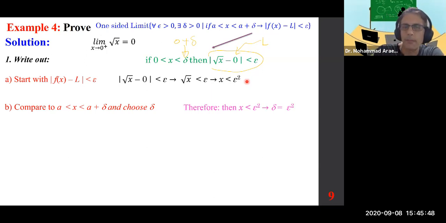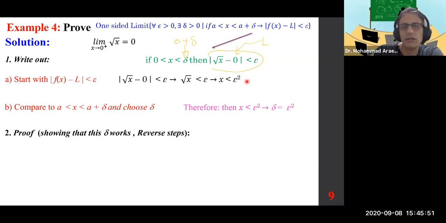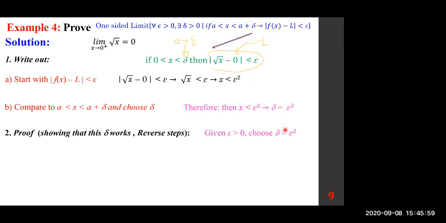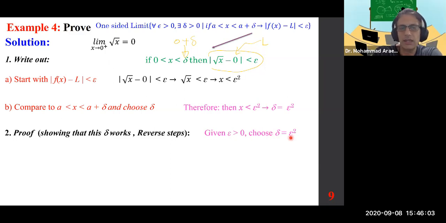And so rewriting the reverse process. Given epsilon larger than 0, the choice we said is delta equal to epsilon squared. So with that being the case, let us write this one. 0 is less than x, less than delta. And what is delta? We decided delta is going to be epsilon squared.